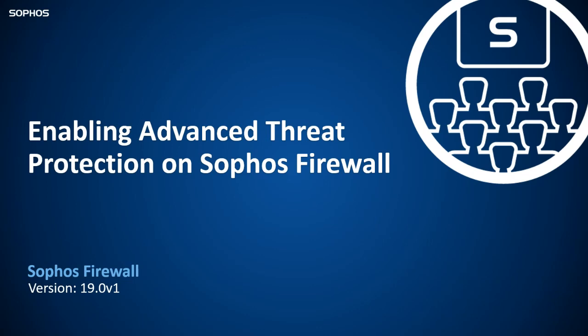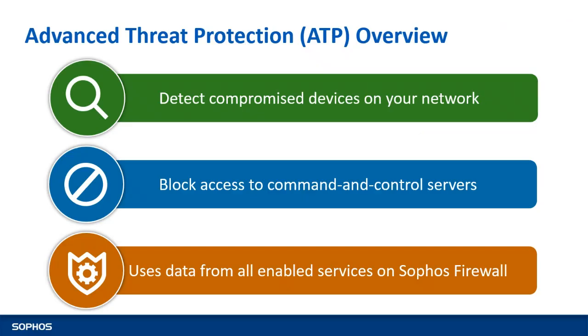Enabling advanced threat protection on Sophos Firewall. If you have a compromised device on your network, the Advanced Threat Protection or ATP in Sophos Firewall can help detect it when it tries to connect to the internet.